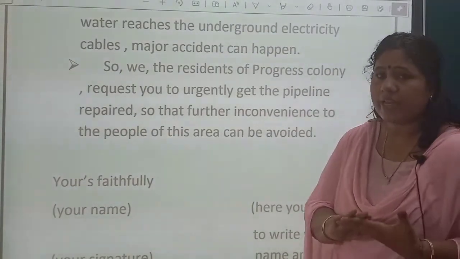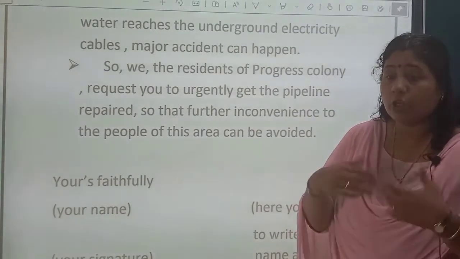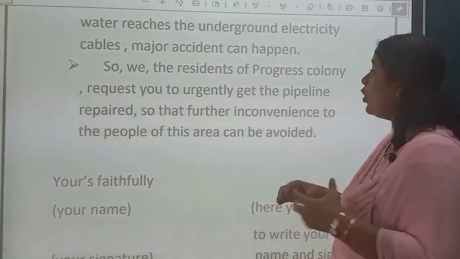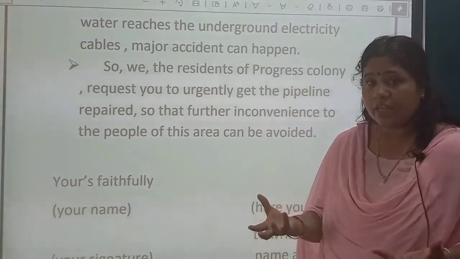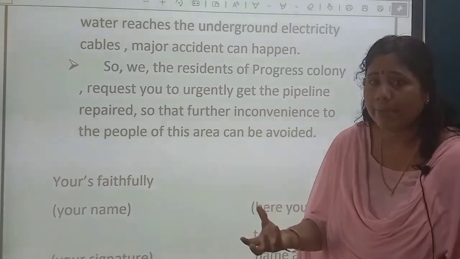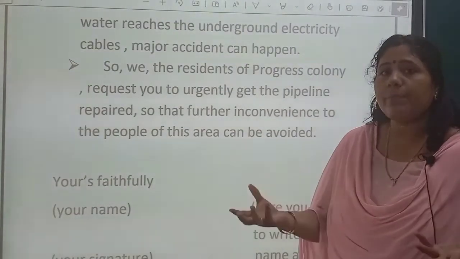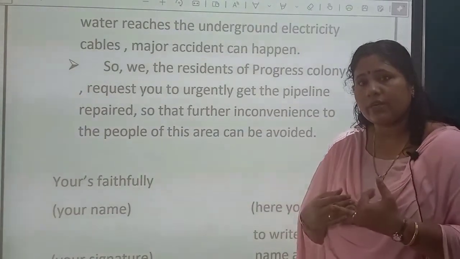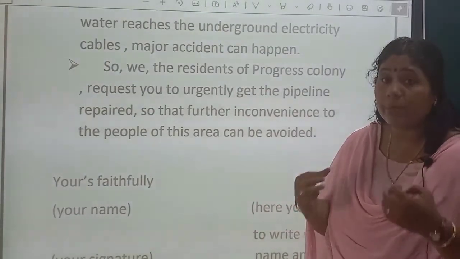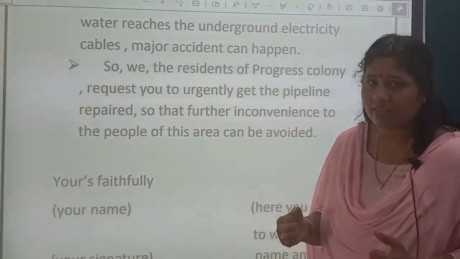So here the writer is requesting to please take steps as soon as possible to avoid the damage that is going to happen to the people, because many people are living there, old people and children. It will be harmful to them if steps are not taken immediately.